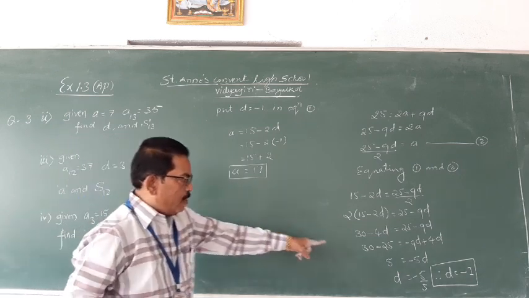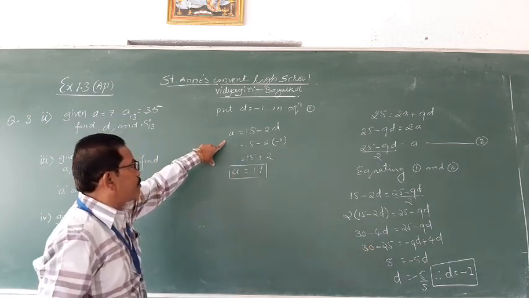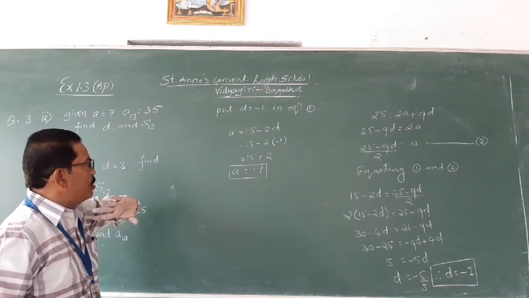This d equals minus 1 value is substituted, and a equals 17.